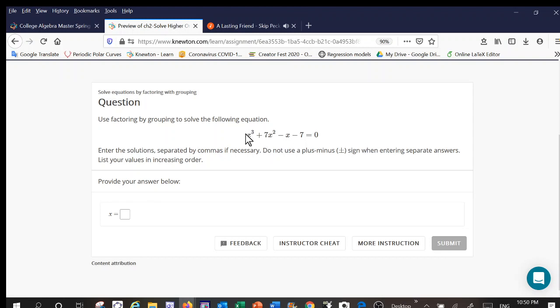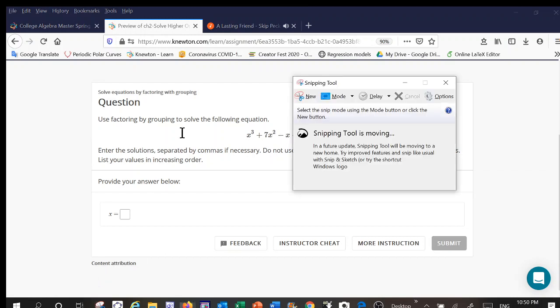Again, the only trick here so far is factoring by grouping, right? So what do these two have in common? X squared. What do they have in common? Just a negative. So let's do this one too very quickly.